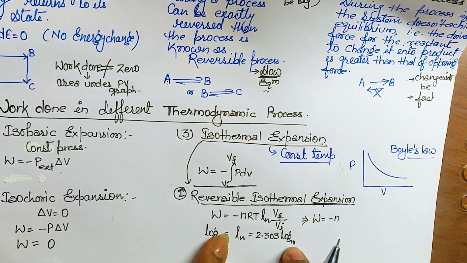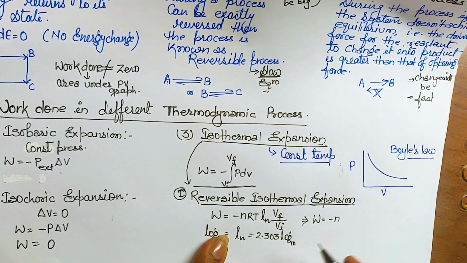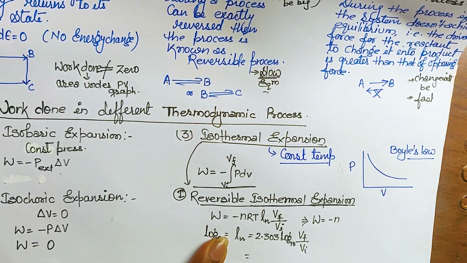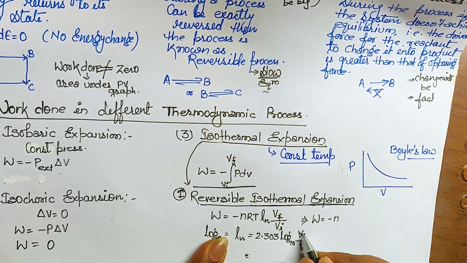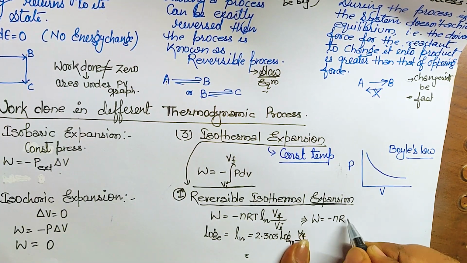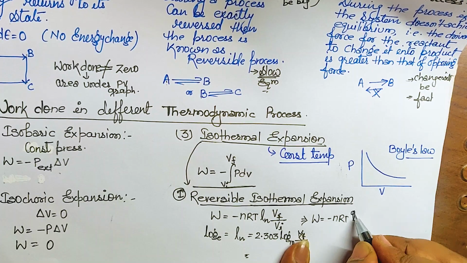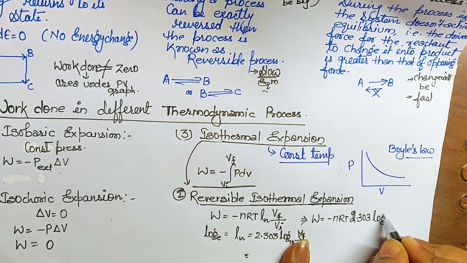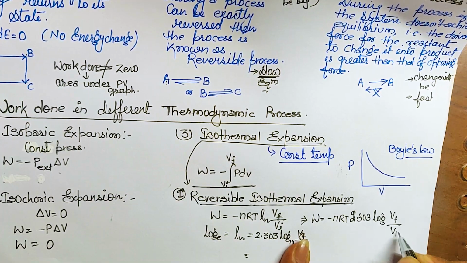And if I am using log to the base 10, I will simply write log. So this W will be 2.303 nRT log V final upon V initial.